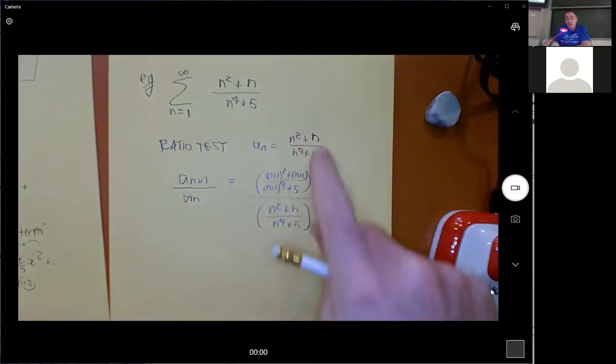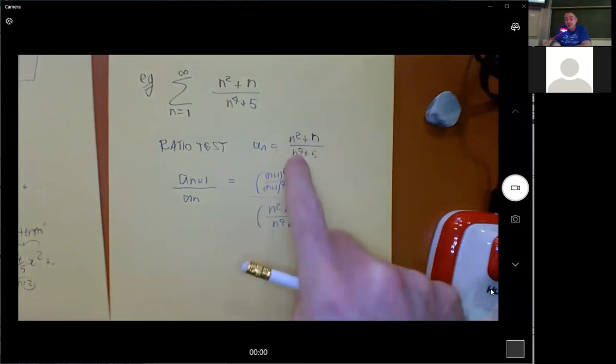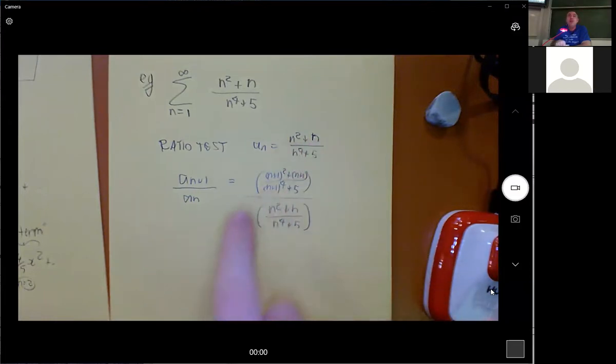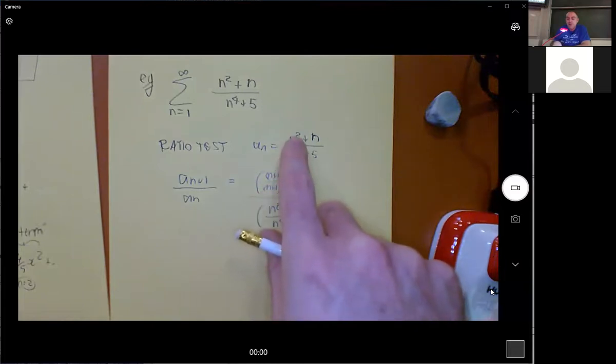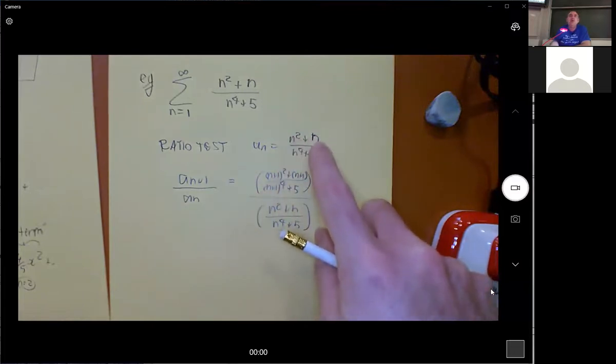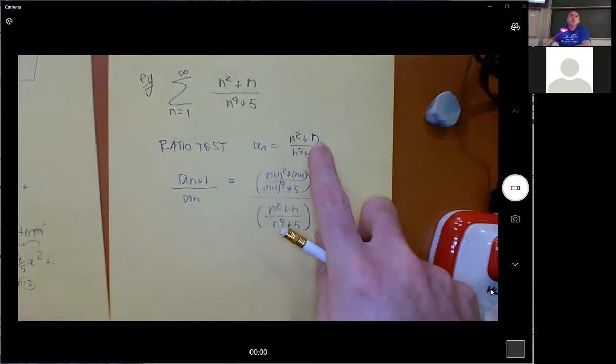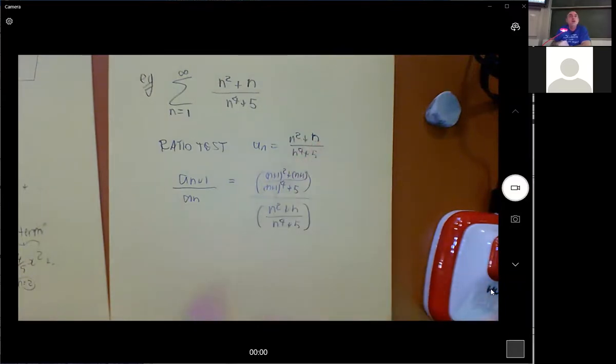So what I've done is I've taken this fraction and every place there is an n, I've replaced it with n plus 1. If you're not paying attention, it's really easy not to replace this n with an n plus 1. It's really common for people to forget to replace the one that's all by itself. Just keep an eye out for it.